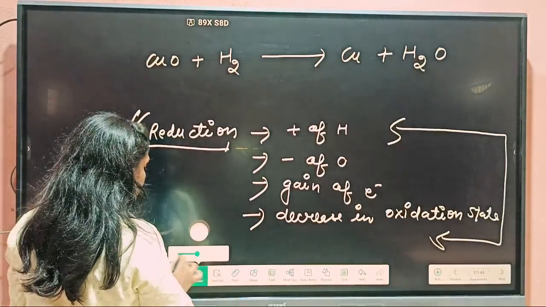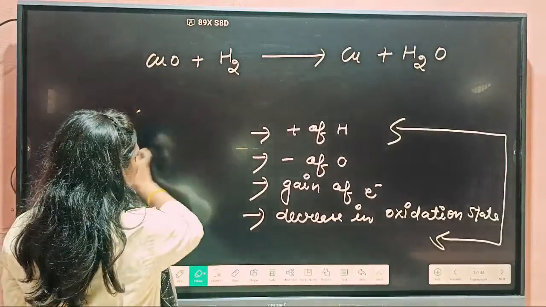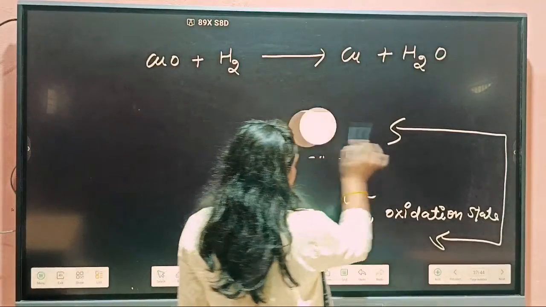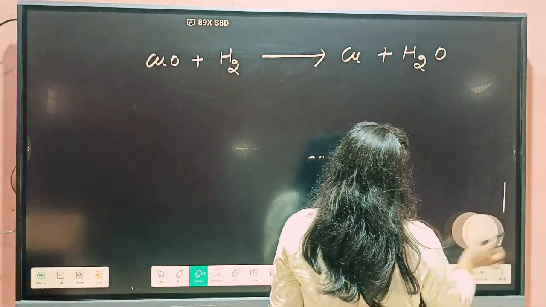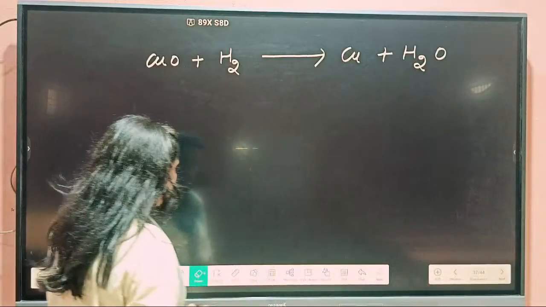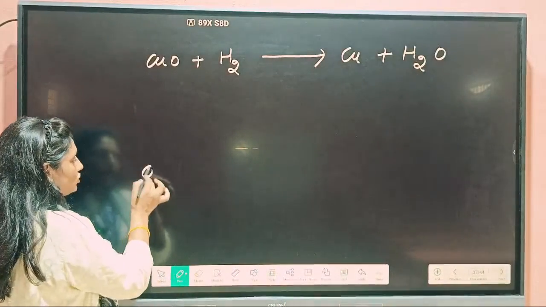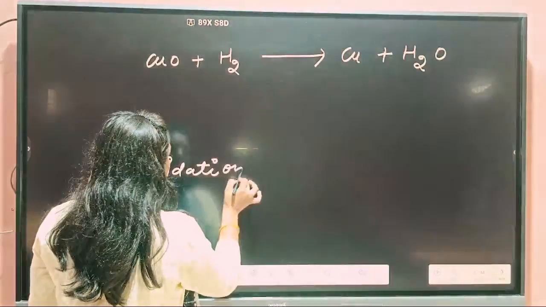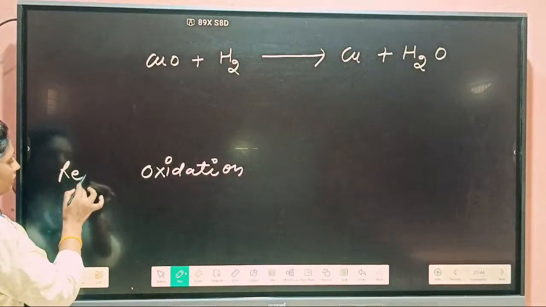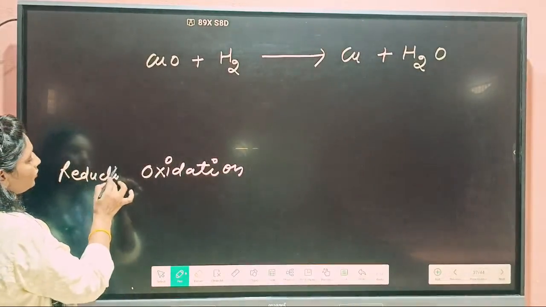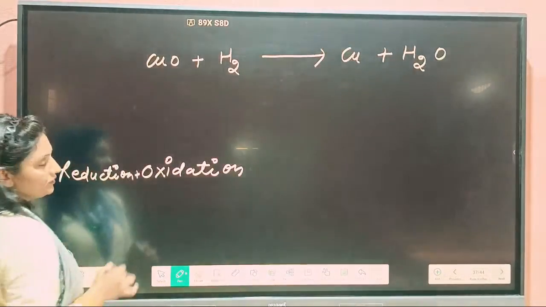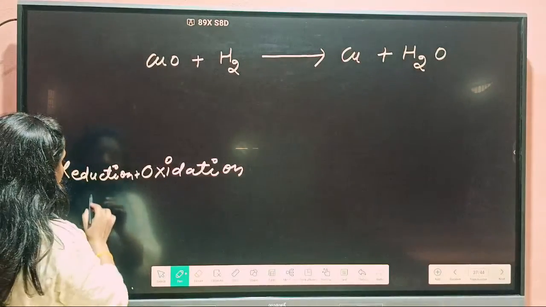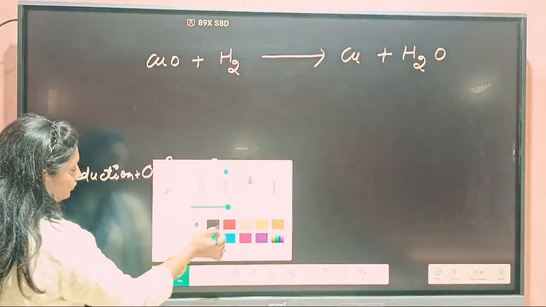But students, if both processes, oxidation as well as reduction, take place in the same reaction simultaneously, then it is known as, we can take red from here and ox from this.